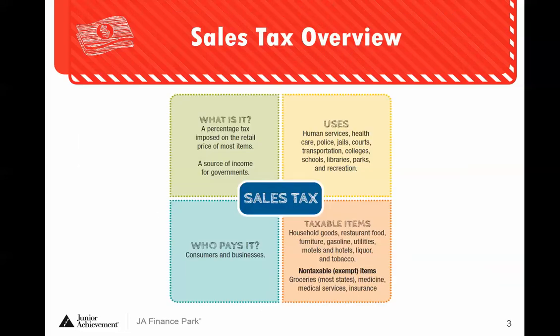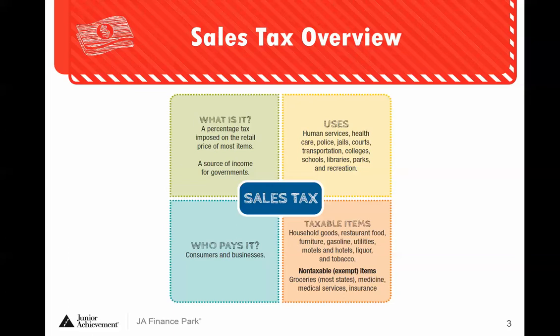So here's just a couple things about sales tax. Sales tax, remember, is the tax that you pay when you're buying things at the store. It's on all retail items, and it's used for all kinds of things you'll see in the yellow box on the screen. And who pays it? Consumers and businesses do. So when you're a customer and you go in a store, you pay sales tax.